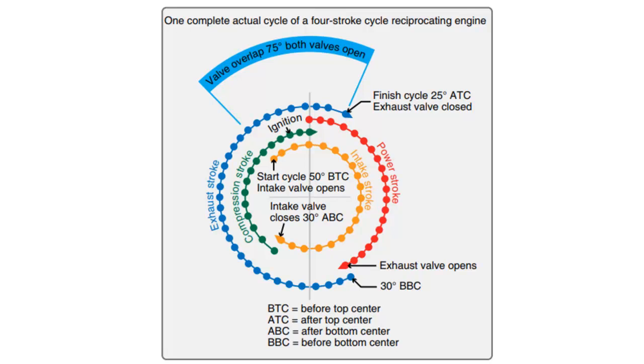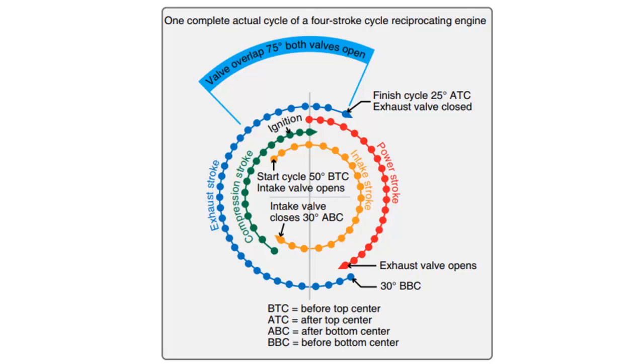And then the intake valve remains open all the way through that movement towards the bottom of the cylinder, and stays open a little bit past the bottom. And then that's where the compression stroke really happens.